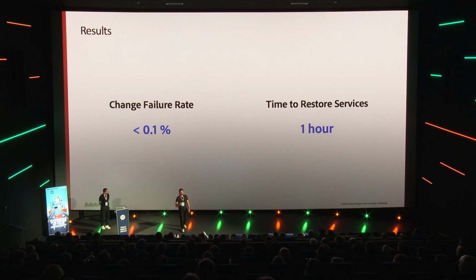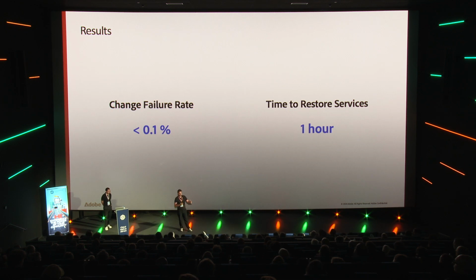Change failure rate is also very low due to the whole amount of steps that we go through until the code is released. And we can also restore, if there's any broken change, very quickly, in about an hour. So yeah, these were super great results.